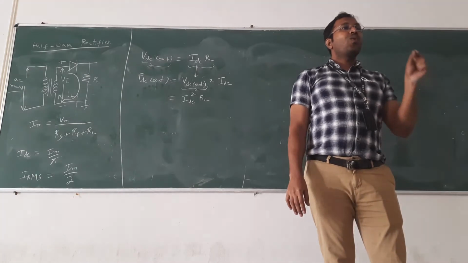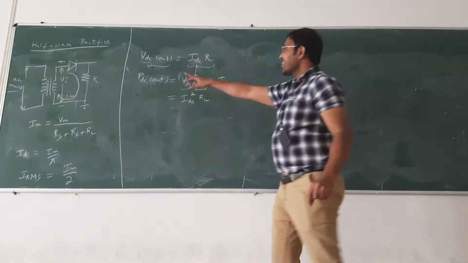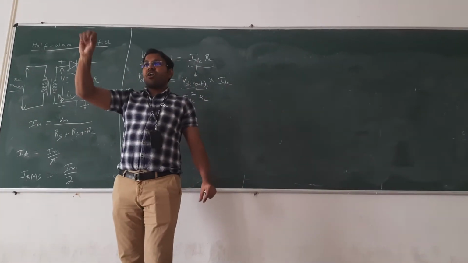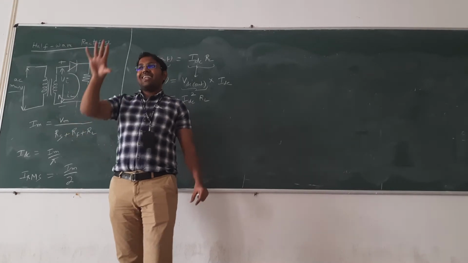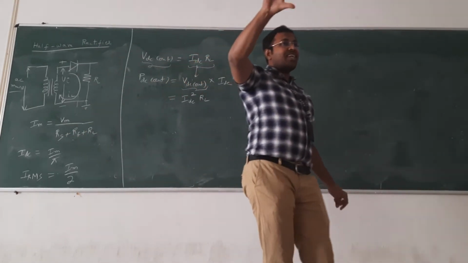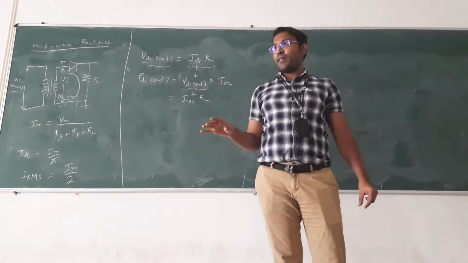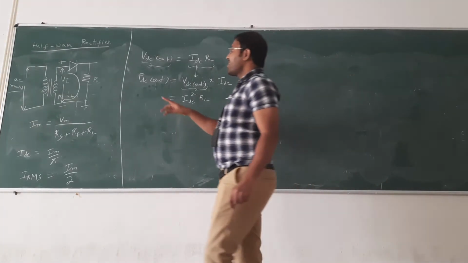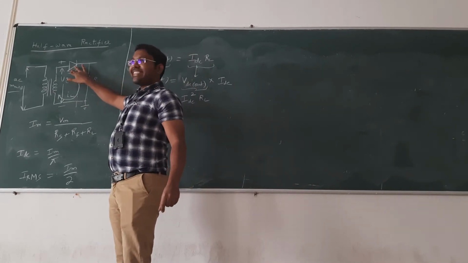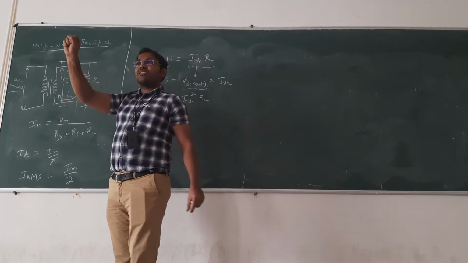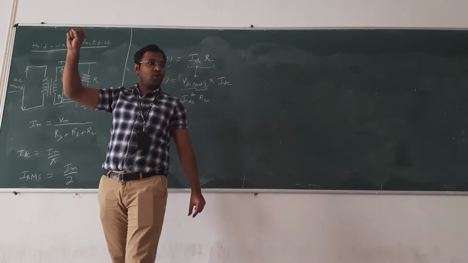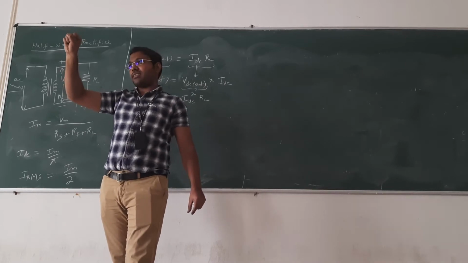What I am trying to say is, the diode is turning on, off, on, off. It is like squeezing the tube, releasing, squeezing the tube, releasing. So when the diode is off, it is like stopping the current, squeezing the tube, stopping the water.